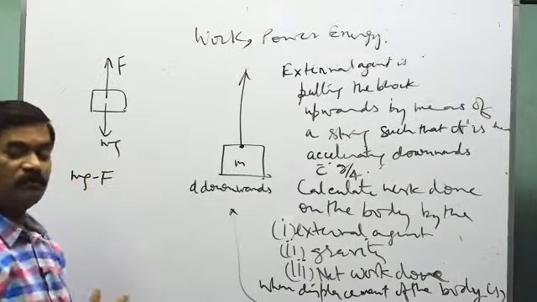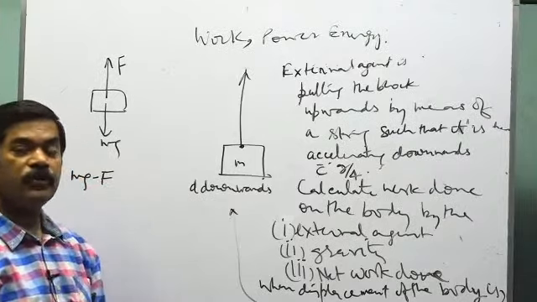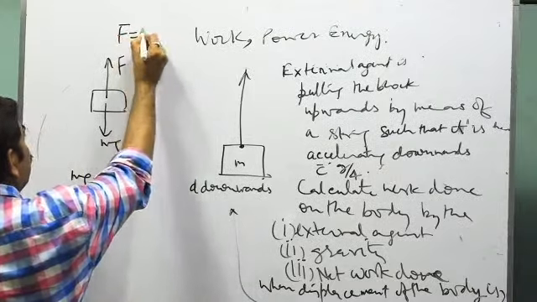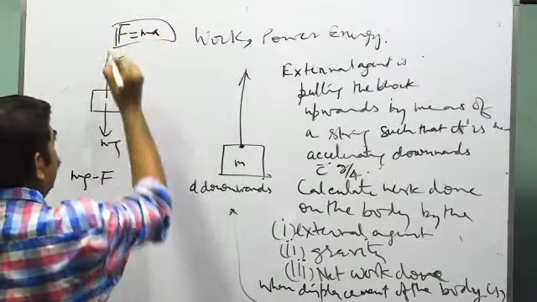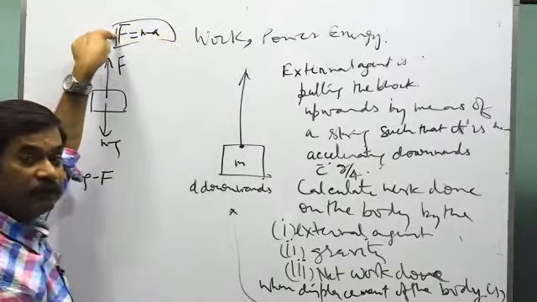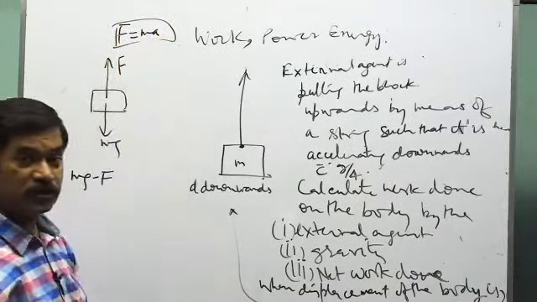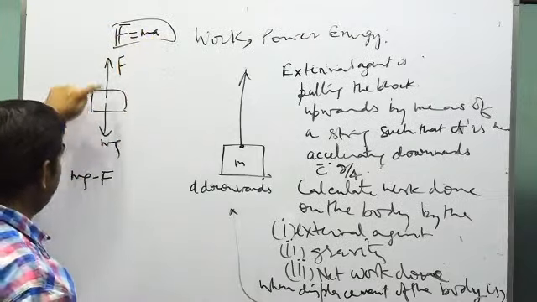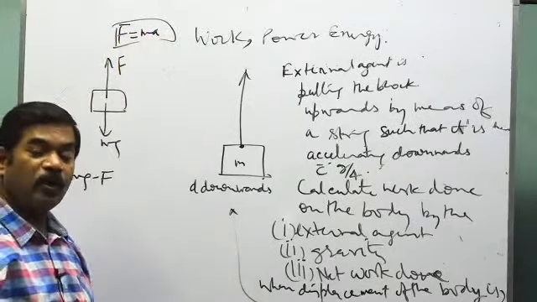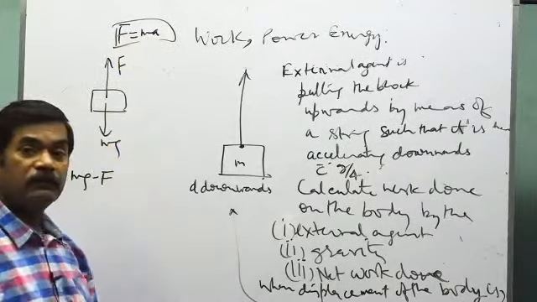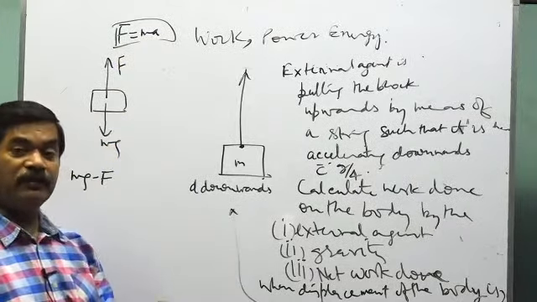And the function of net force is what? To produce the acceleration. You know that in Newton's law, F equals mass m into a. On the left hand side is the net force, and the result is mass into acceleration. So here net force is mg minus F. Why am I not writing F minus mg? Because I know that mg is bigger.